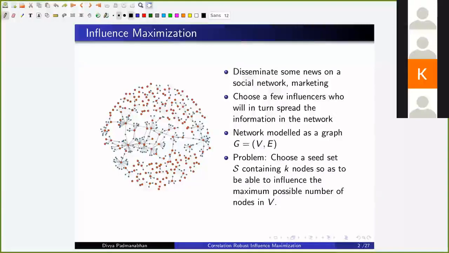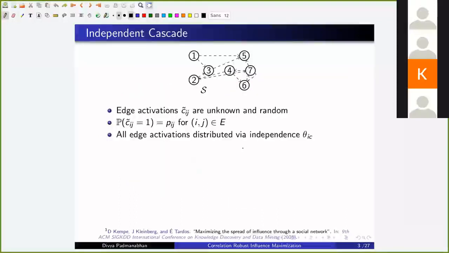You want to choose the seed set so as to influence the maximum possible number of nodes in your vertex set. That's the problem. And one thing that is in the network but is not known to you is the influence activity. Each of these nodes represents people in the network, and the edges represent the connections.